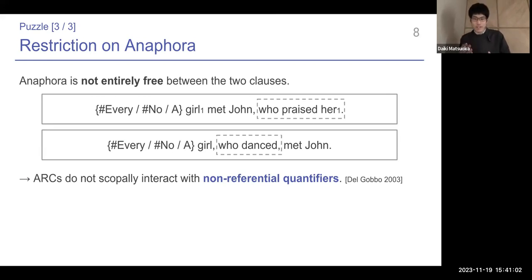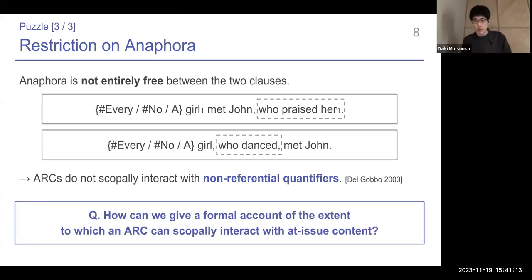We can see that there is a complex pattern between interaction and non-interaction. Thus, the specific research question we address is how we can formally account for the extent to which an ARC can scopally interact with at-issue content. This is the motivation.